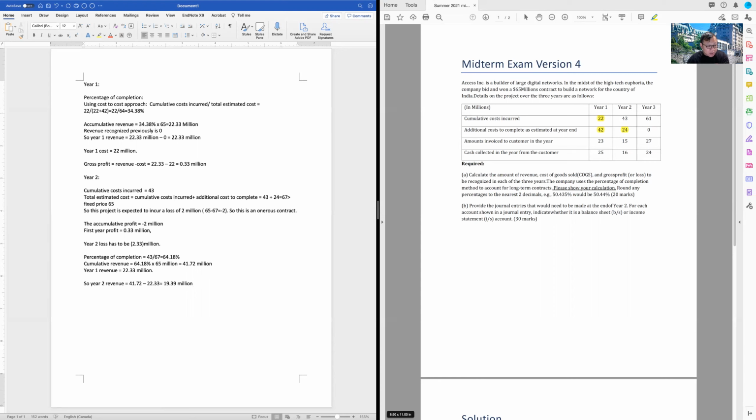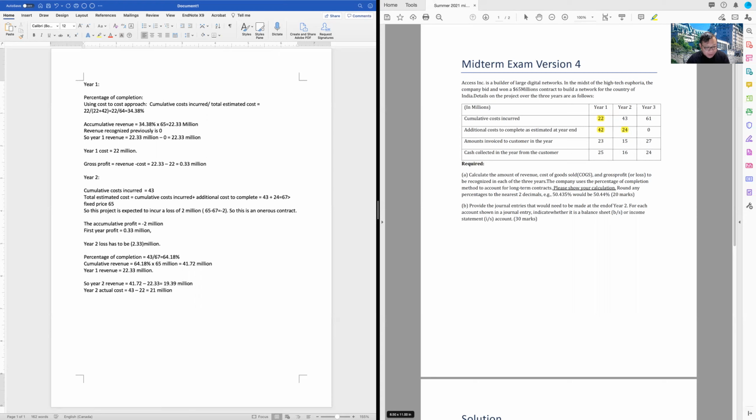Year 2 cost, year 2 actual cost. So that equals cumulative cost, which is 43, minus the previous cumulative cost, 22. Okay, so that's going to be 21 million. Okay.